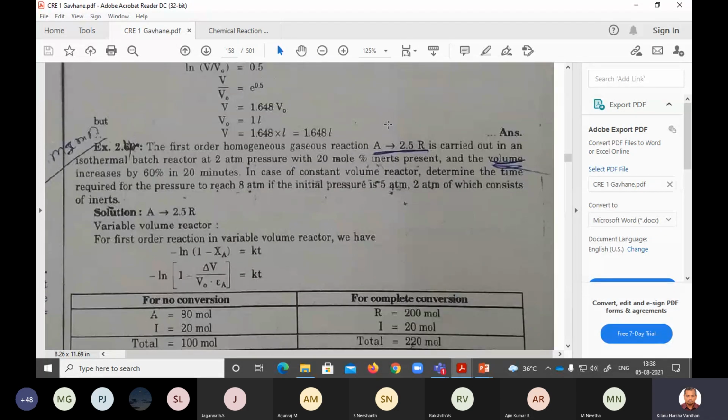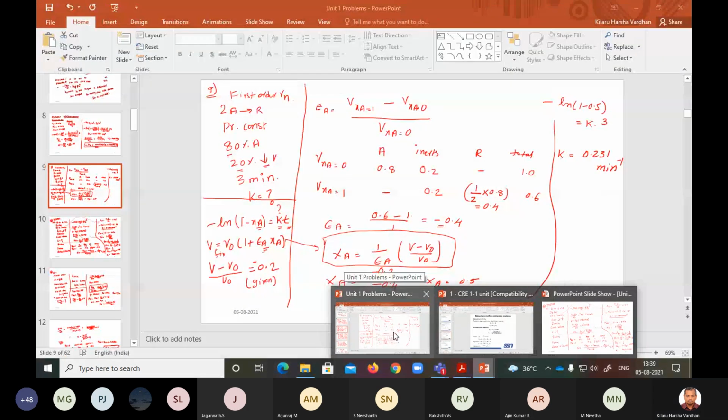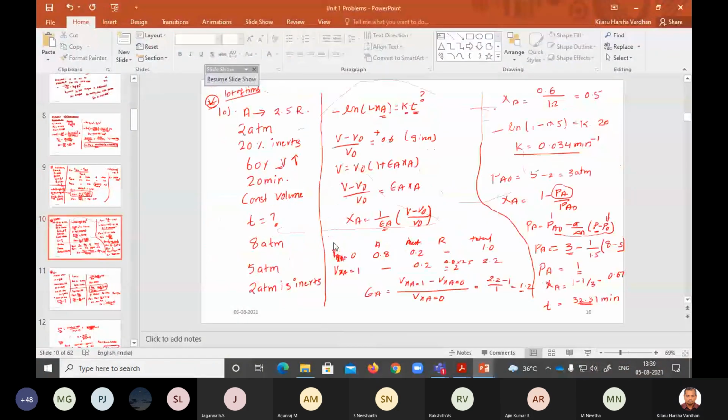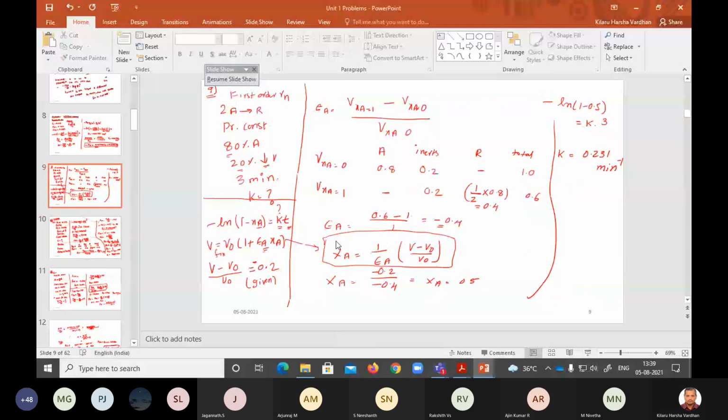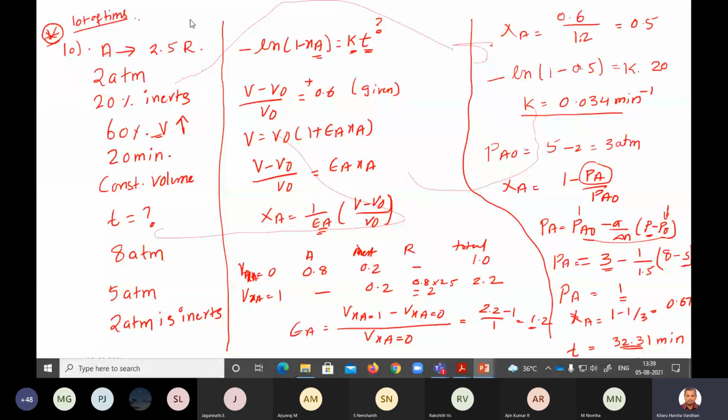Let me know who is doing. Someone of you do. How much is the expansion coefficient? Yeah, this is the problem. I'll just try to put it over.